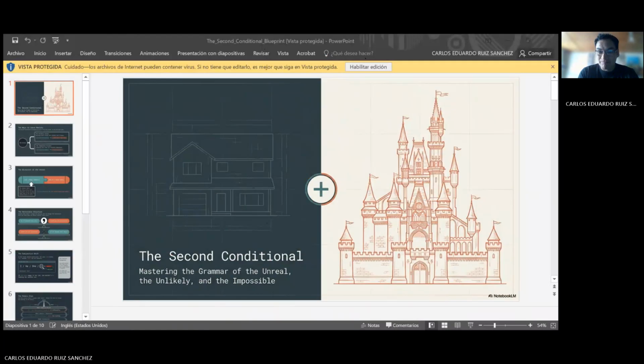Yes, I hope that you understand that. Optimist and dreamer. So when we are using second conditional, think as a dreamer. If you want to talk about something that could happen but isn't possible, you're a dreamer, so use second conditional.